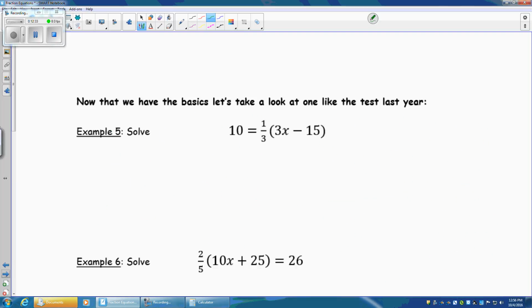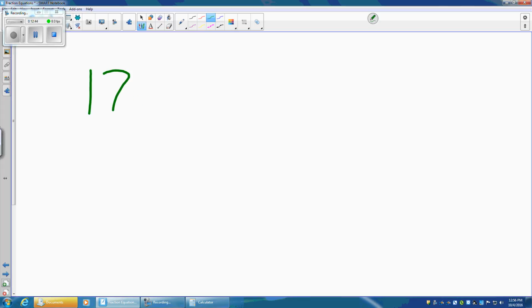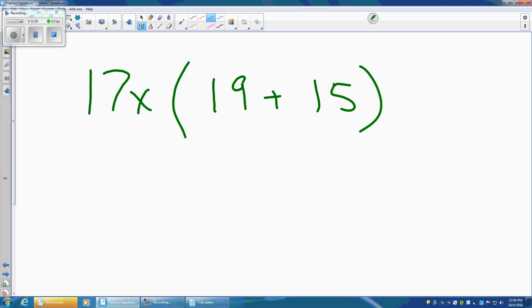Ones that look like this. Now, ones that look like this are so much harder looking than what they really are. If I said, I'm just going to give you one question on a test, that one right there. Oops, let's not even write it like that. Let's write it like this.